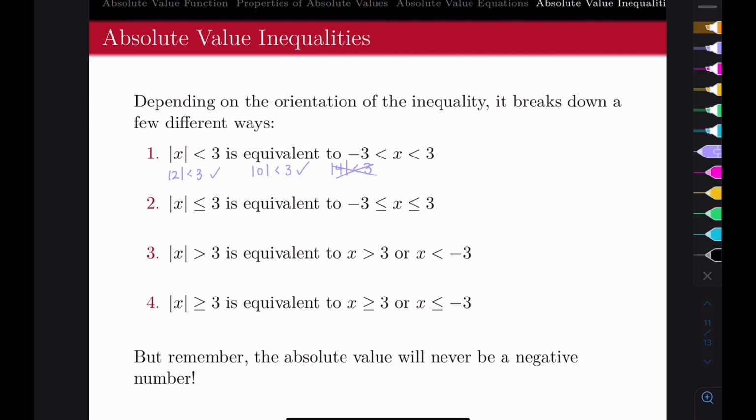That does not work. But also negative numbers are going to work. Because if I take the absolute value of negative 2, it's positive 2, and that's definitely less than 3. And same thing if I take the absolute value of negative 1, that's also less than 3. So not only do you have positive values that work, but we also have negative values too, okay?